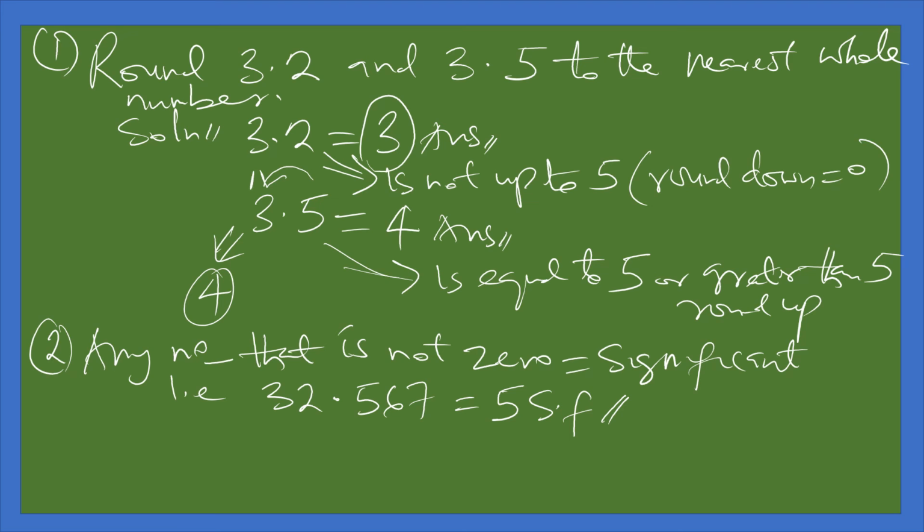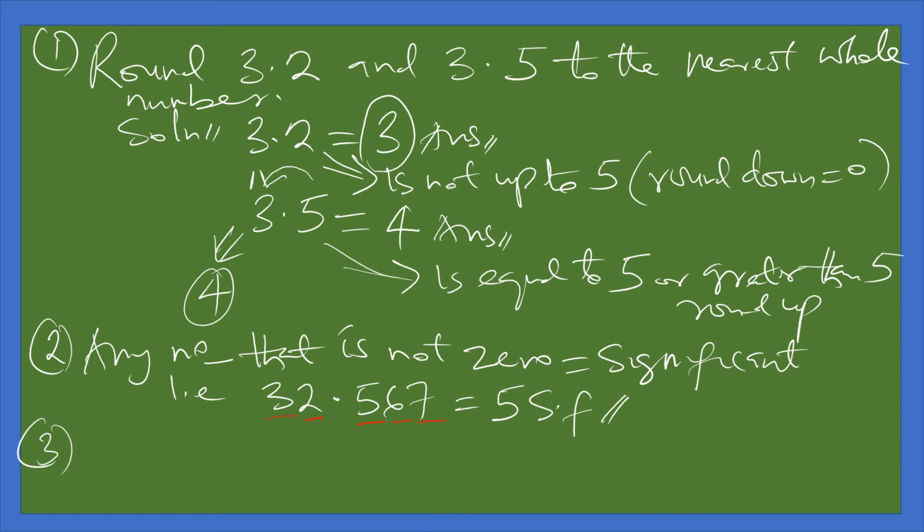The first digit here is 3, this is the first significant, 2 is the second, 5 is the third, 6 is the fourth, and 7 is the fifth. So we have 5 significant figures, because the rule says any number that is not 0 is significant. Therefore, 32.567 is equal to 5 significant figures. Take note of that.